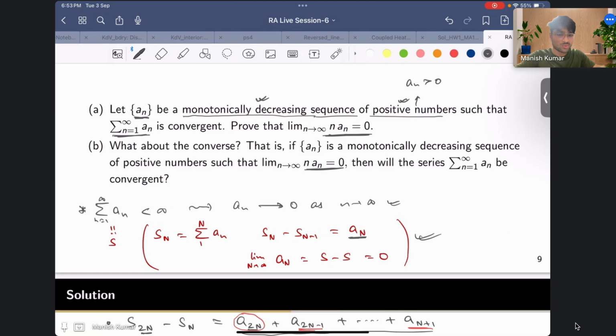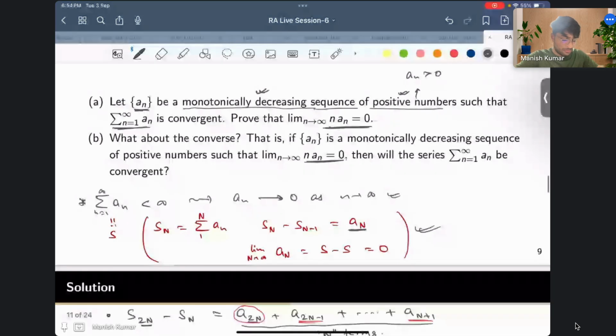Do you have any example or any guesses? I think one of the examples I discussed in the last session would be helpful. Okay, so the answer is that it's not true, and I'll give you an example.